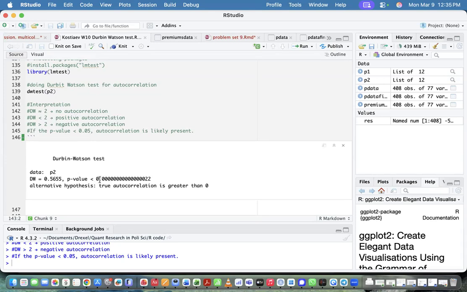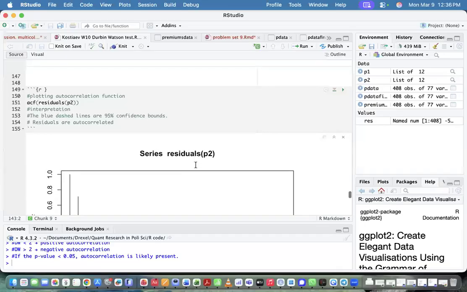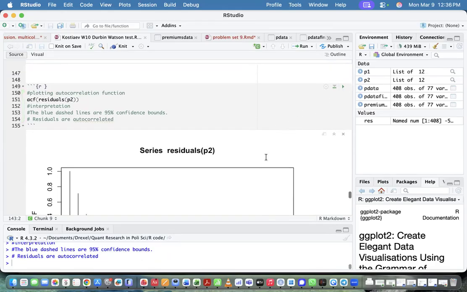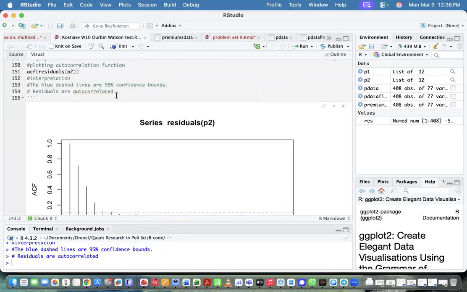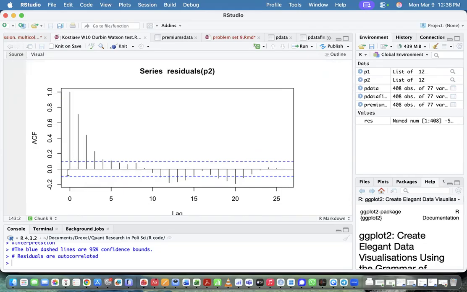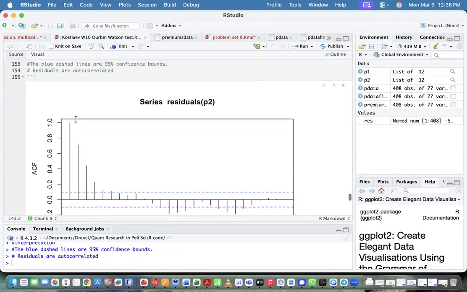And since we have this p-value with a lot of zeros, autocorrelation sadly is present in the model, and then we can plot autocorrelation function using this ACF command, and those blue dotted lines are confidence level, and there is some stuff below and above it, which indicates our confidence level is 95% statistically significant, or even more, I would say.